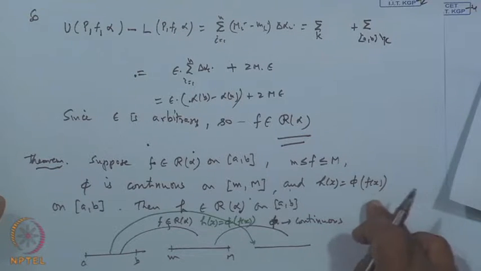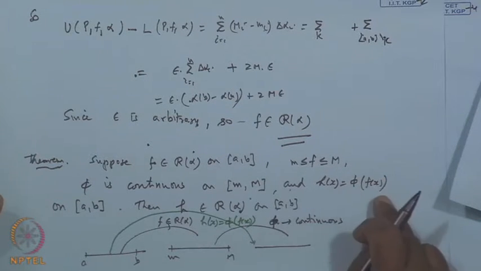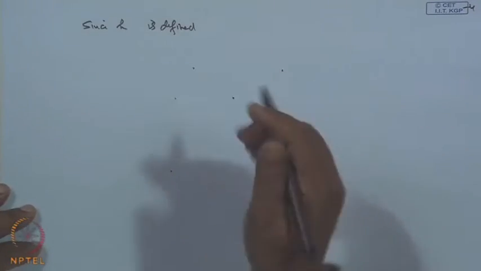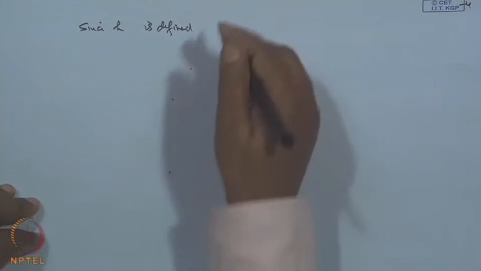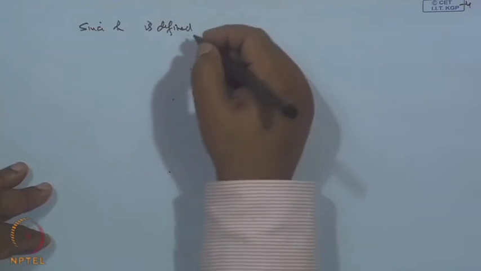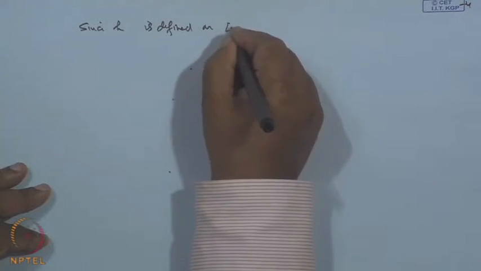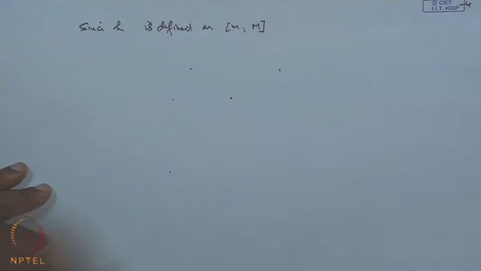So, what is the range of f? h is defined on it. So, basically the h is defined on m and capital M.